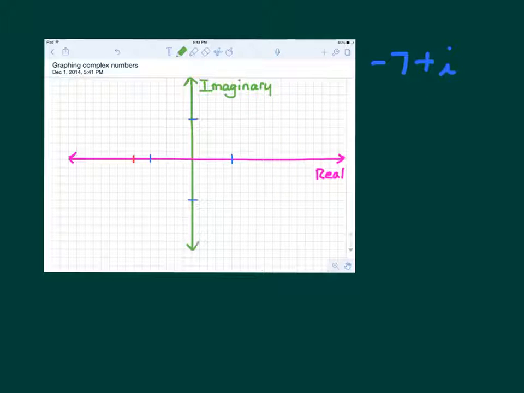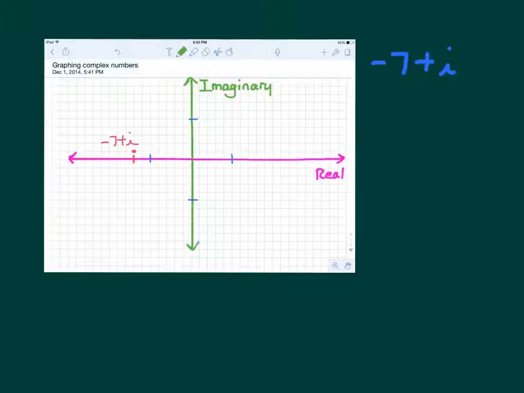The imaginary part would be plus i, or plus 1i, so I have to go up 1 on the imaginary axis. And when I do, I'm going to place a dot right there. -7 on the real and up 1 on the imaginary. So that would be -7 plus i for that dot.